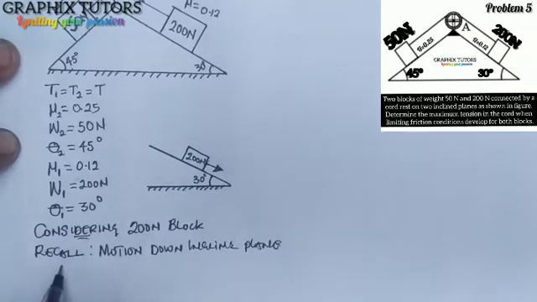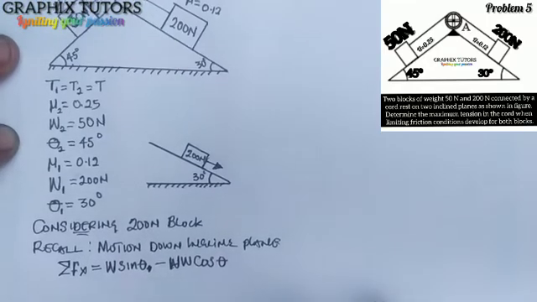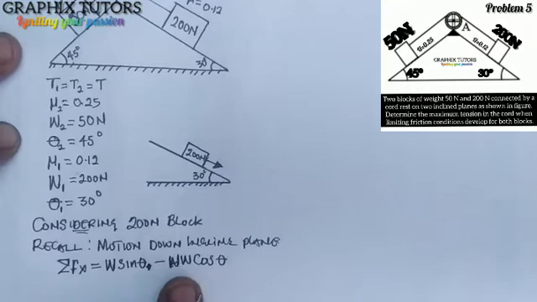The summation of F_x equals W sine theta 1 minus mu W cos theta 1. This is the relationship here, and in my previous video I explained and proved how we got this.